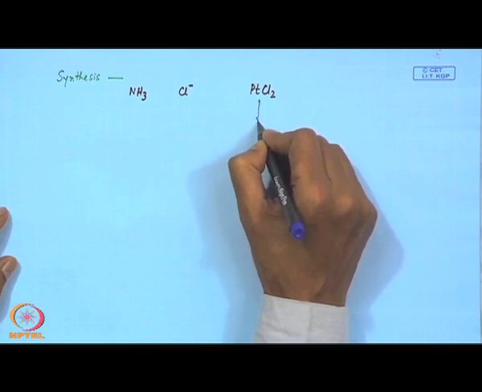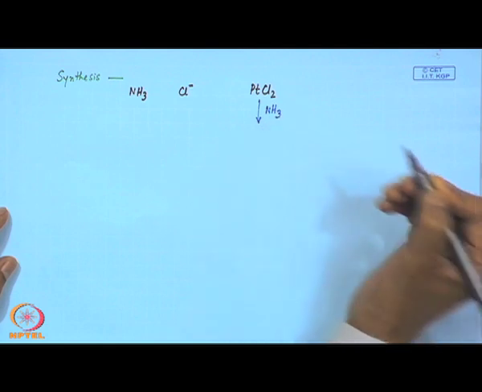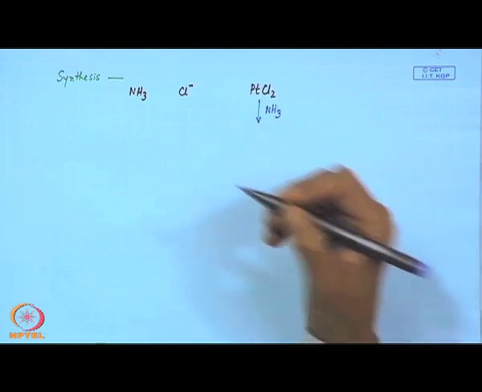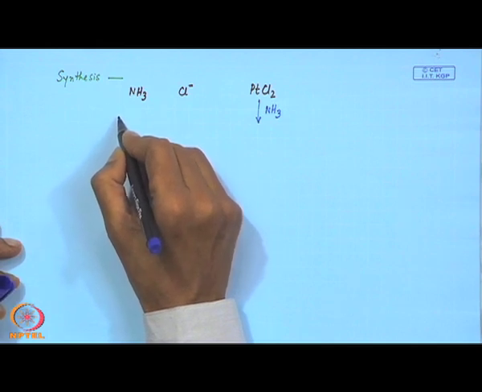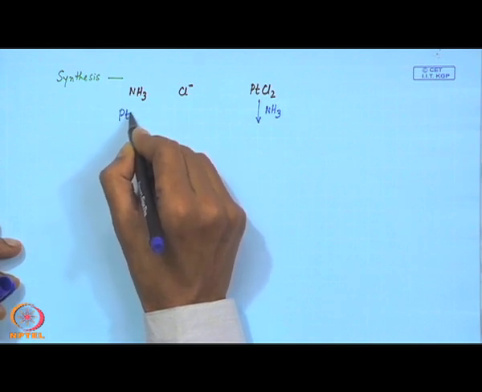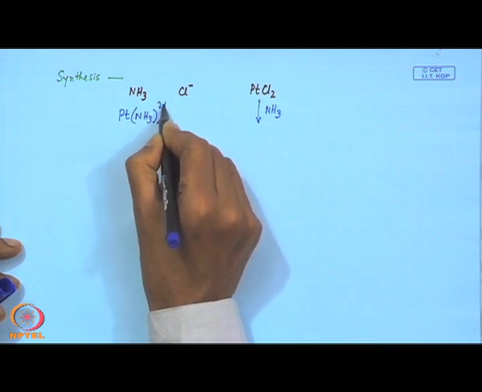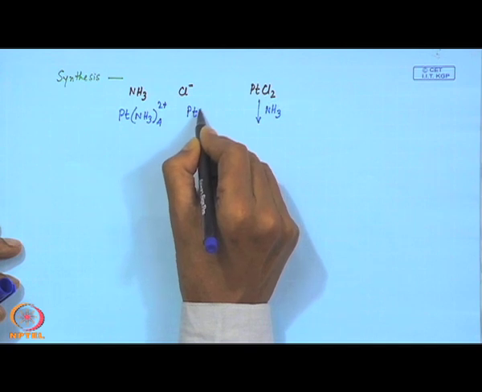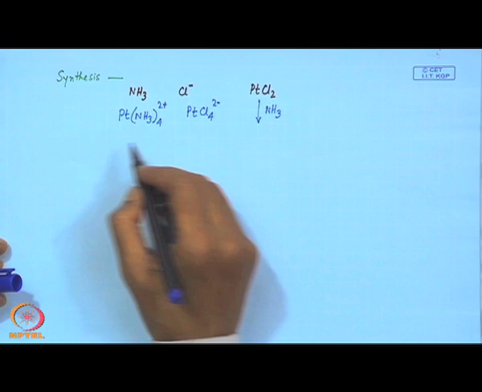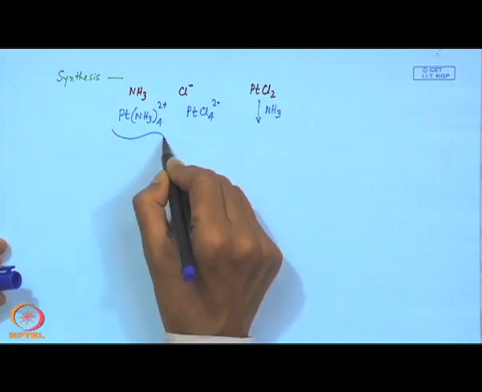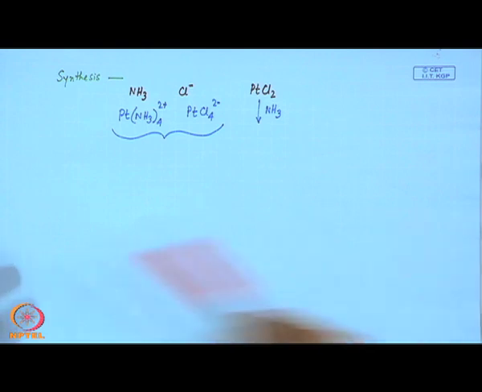So, whether this particular metal salt can react with ammonia, or we can have the two compounds of A4 and B4 type, that means the Pt(NH3)4 2 plus or PtCl4 2 minus, will encounter some kind of ligand substitution reaction.